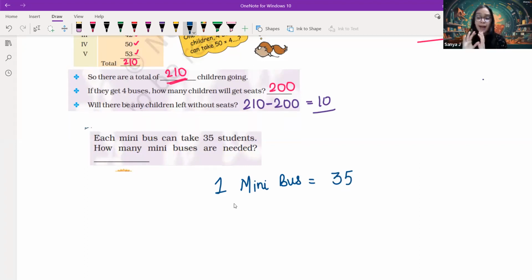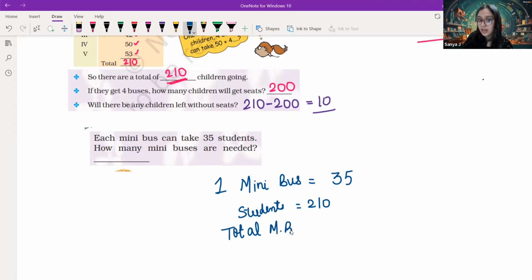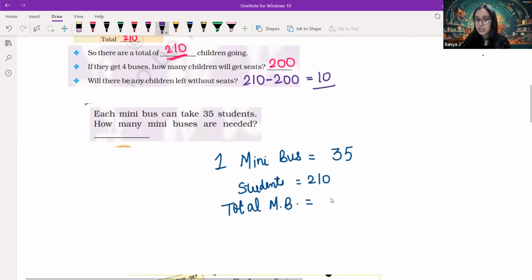So let's see how many minibuses are needed in total. For that we need to know the total number of students going. Students going are how many? Yes, 210. So the total number of minibuses needed would be, we will divide the total number of students by the number of seats in one minibus, that is 35.